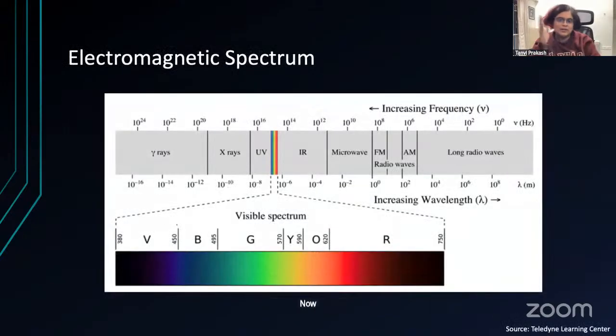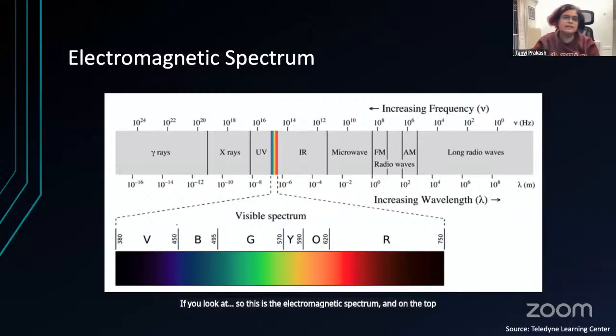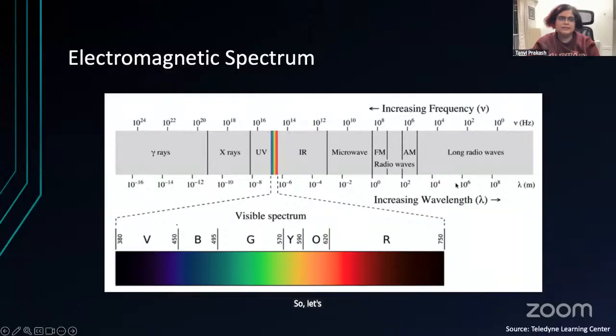Now, coming a little back to the science part of it, this is the electromagnetic spectrum, and on the top of the scale, you can see frequencies, and on the bottom, you can see wavelengths. So let's say we speak in terms of frequencies for the visible spectrum. You'll find that you have the colors of the spectrum here, V, I, B, G, Y, O, R. So it's like the VIBGYOR spectrum.